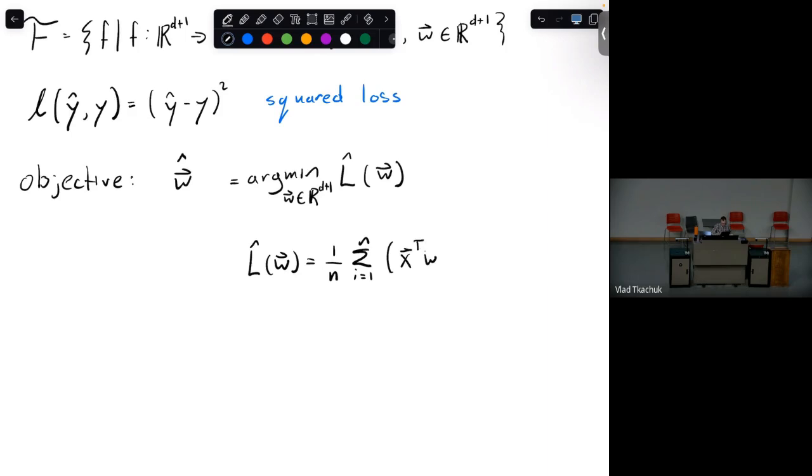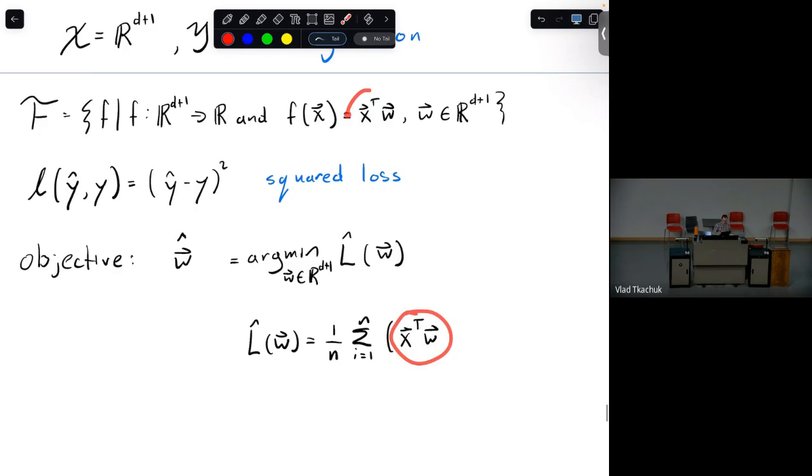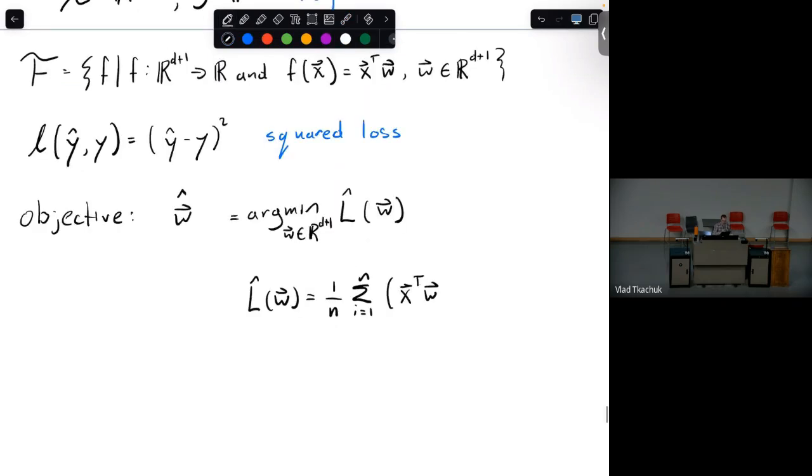It's the linear function here, right? All the functions we have from this function class are these linear functions. So using this w here means just plugging in this function, and that's subtracted from y. And this is obviously for the ith index, squared. So this was our estimate of the expected loss.